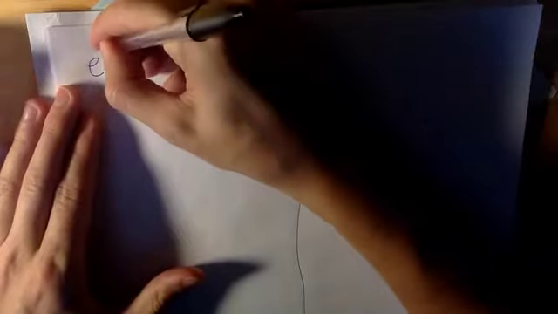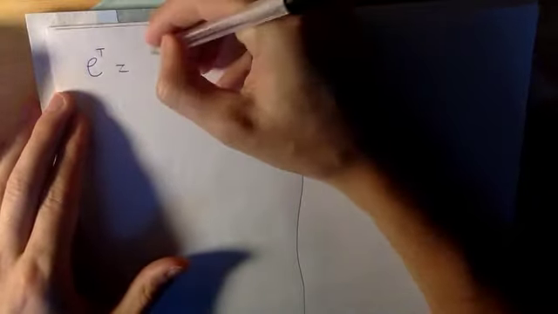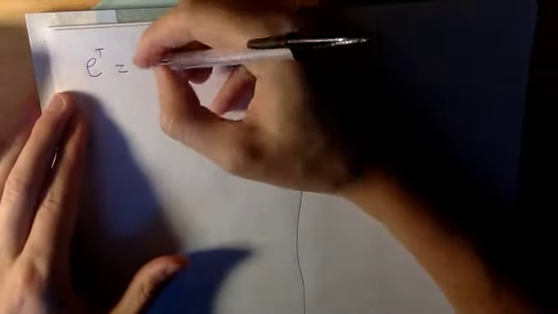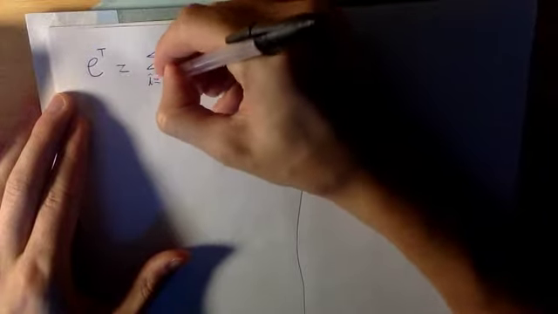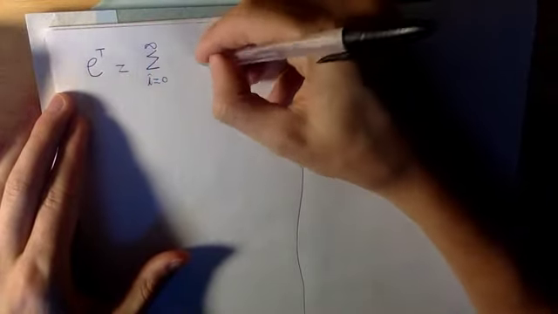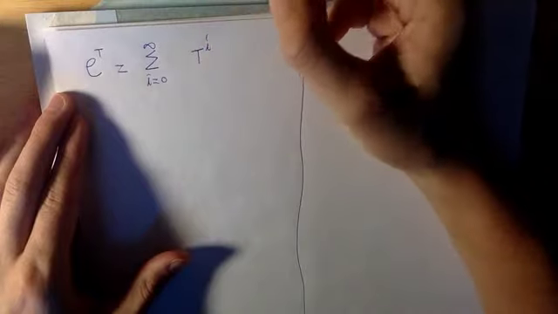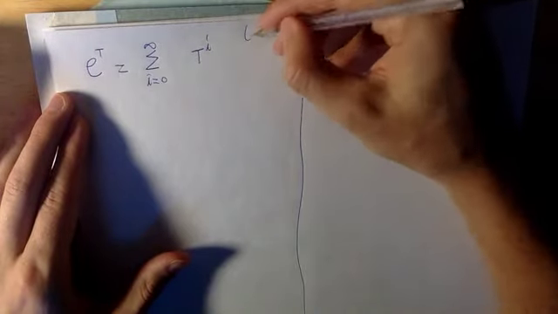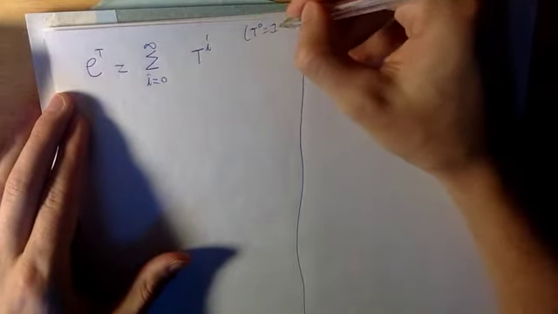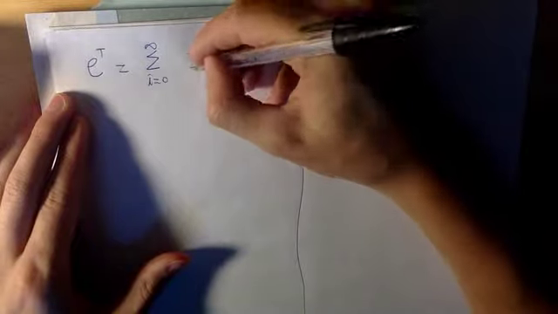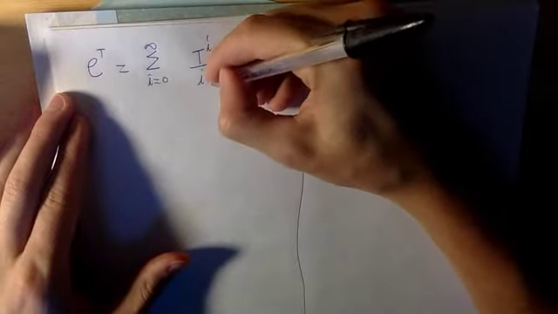Okay, so in particular, you might have seen this expression before: e to the t is equal to the sum from i equals 0 up to infinity of t to the i, so t to the 0 is equal to the identity, over i factorial.